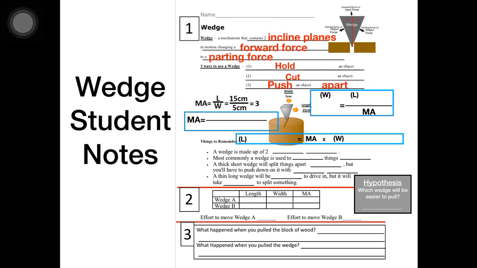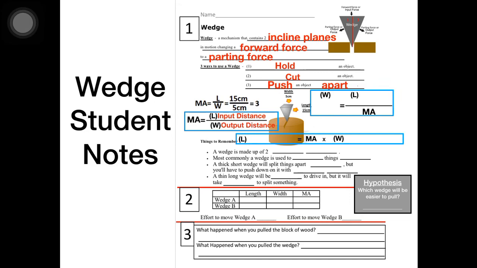Another way to say the mechanical advantage is input distance and output distance. The distance that the wedge is going to go into the wood, that is the same as the length. Because if you're going to push the wedge the whole way into the wood, then the length is the input distance.